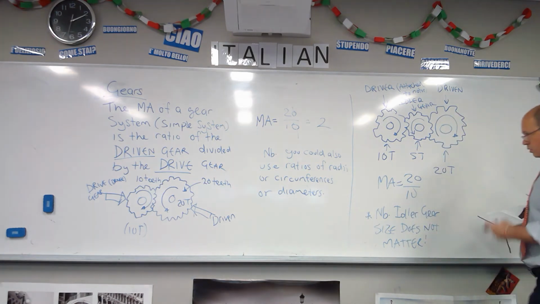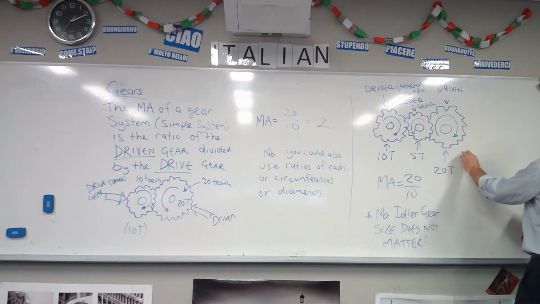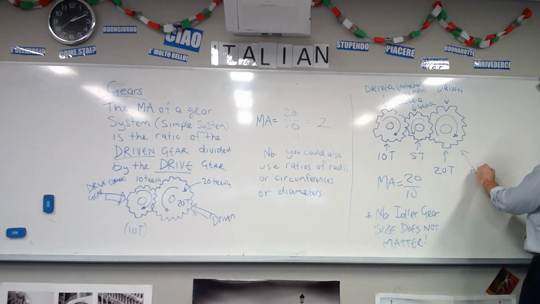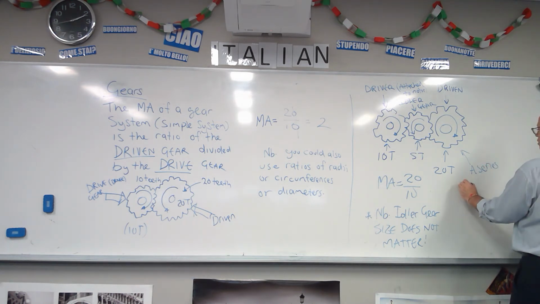Okay, so we use our idler gear in our gear train, and this whole thing here is called, so we can say a series of gears is called a gear train.